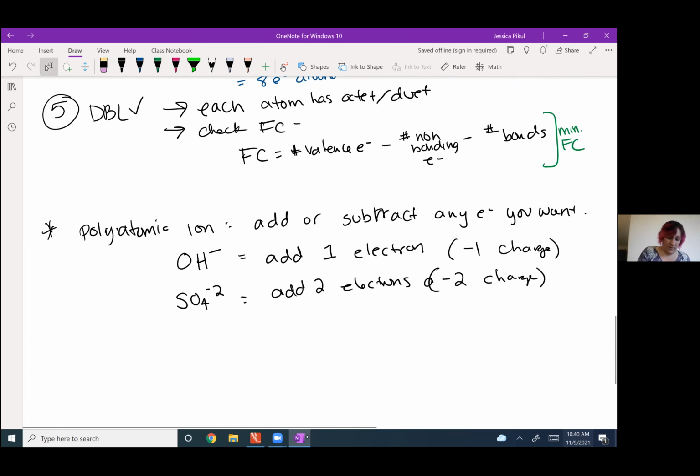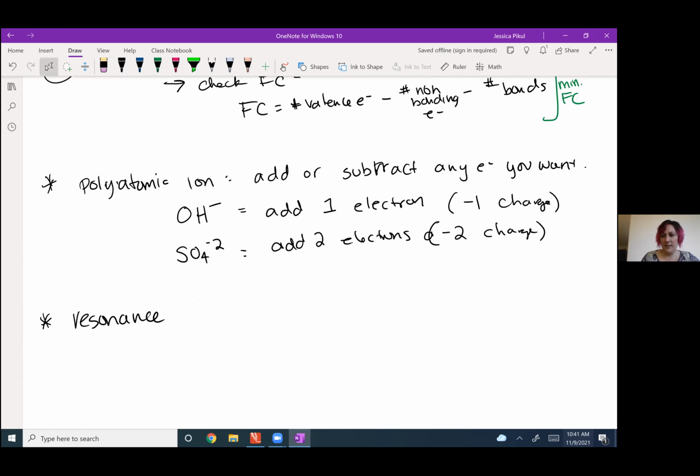And then resonance structures are kind of like a hybridization. Because Lewis structures are just an estimate, right? It's a bookkeeping method. It doesn't always match what we see in reality in terms of the bond lengths. So a double bond will be shorter than a single bond.